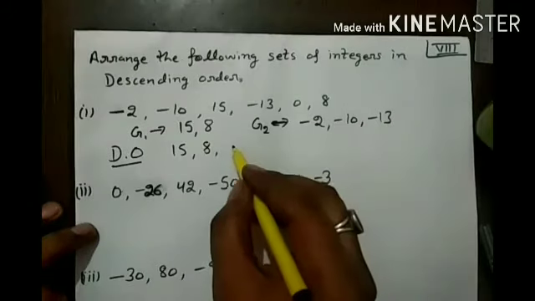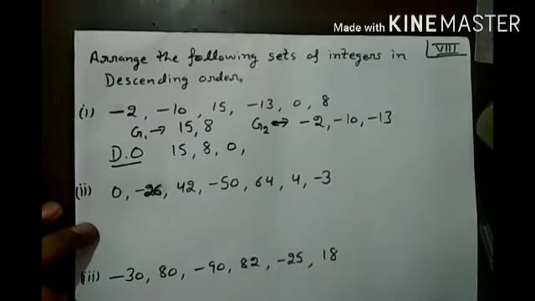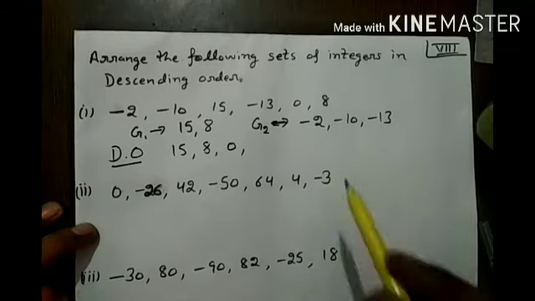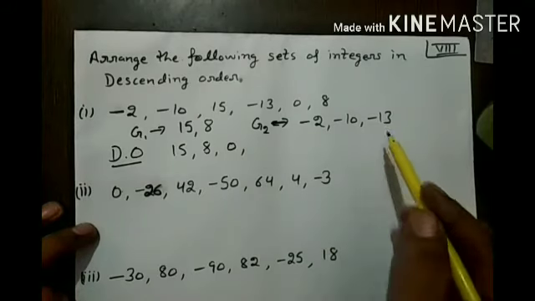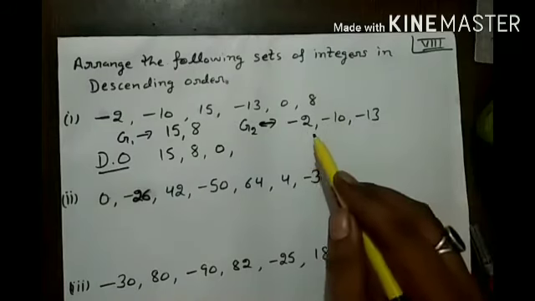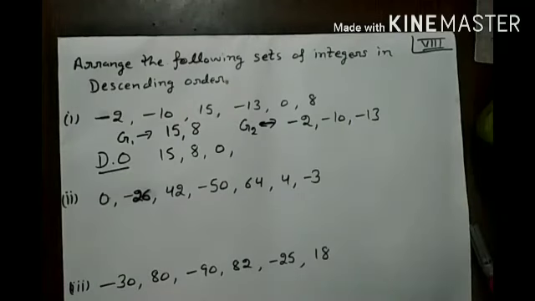Then I will write 0. After that I will take the negative group, that is group number 2. Here the three integers -2, -10 and -13 are there. We know when the negative integers are there, whose numerical value is smaller, that is greatest, and whose numerical value is greatest, that is actually smallest.